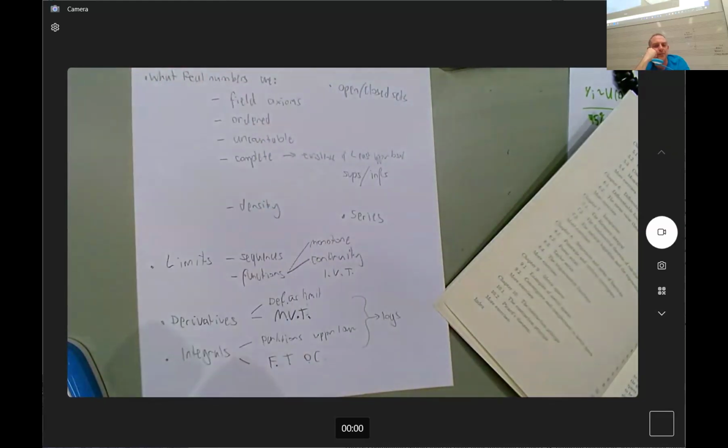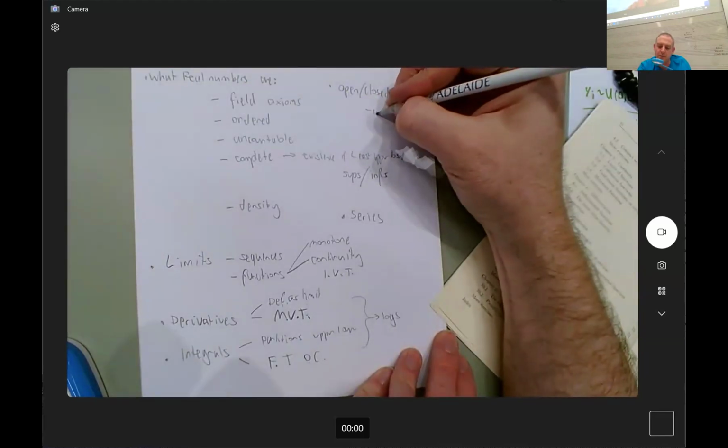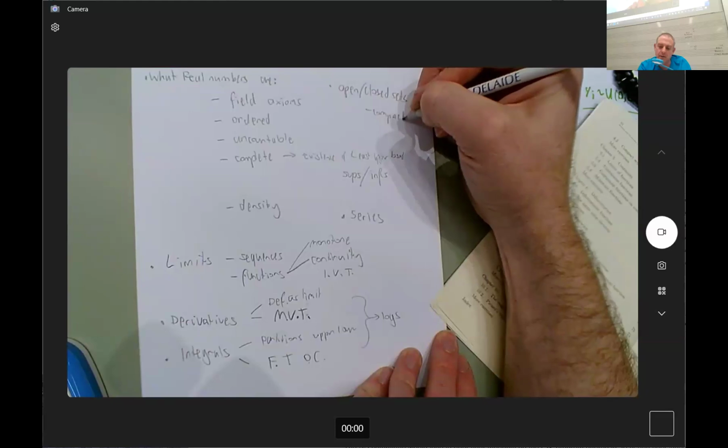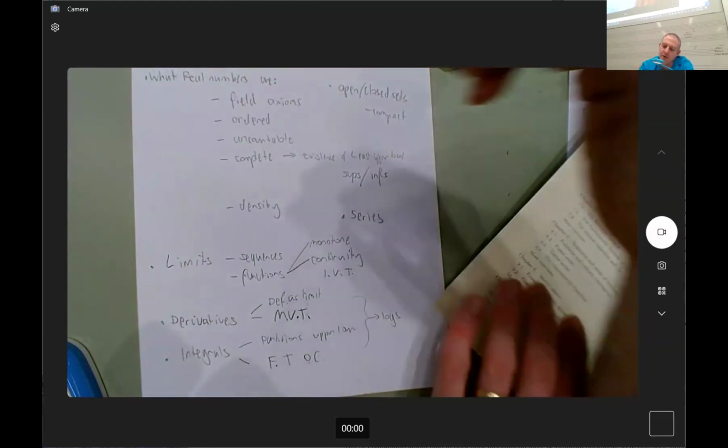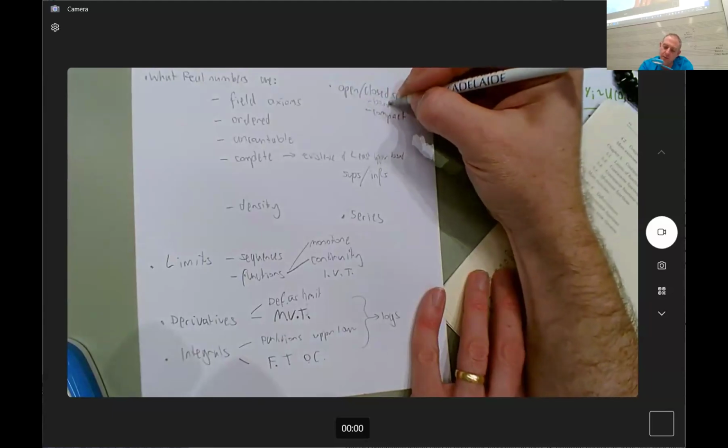But yeah, okay. And somewhere along the lines with the open and closed sets, there's a definition of compact as well. And so there would have to be a concept of boundedness in there too.